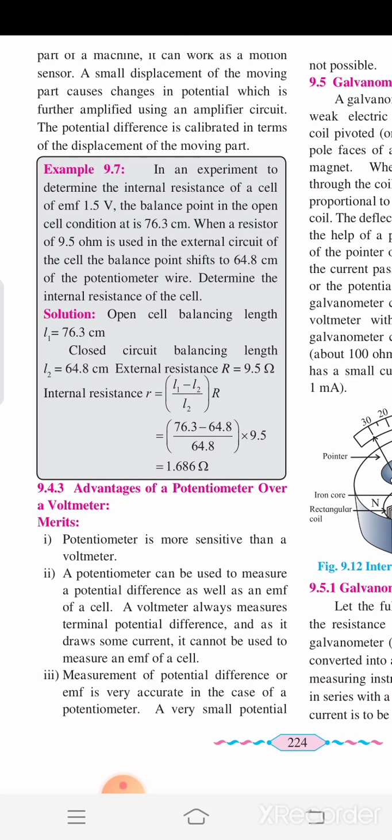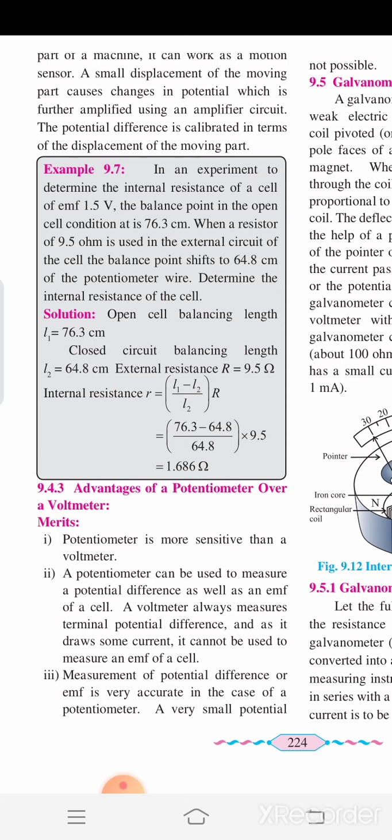After that, the principle of potentiometer, uses of potentiometer, and applications of potentiometer.